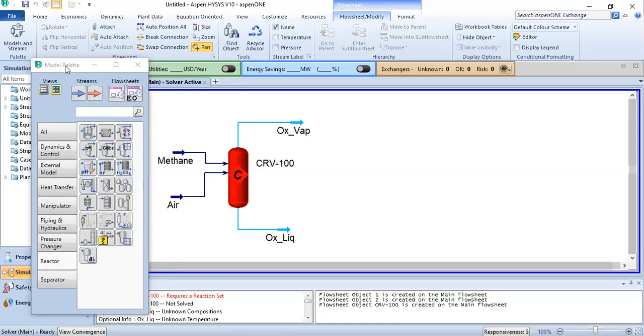Since you have already defined it, you have taken this reaction inside the reaction tab. In the beginning, this portion was not available, but since you have taken the conversion reactor and defined the vapor and liquid stream also, and attached that reactor with this reaction set, that is why we are getting this small rectangular portion that is also attached. So this way we can do the reactor simulation.